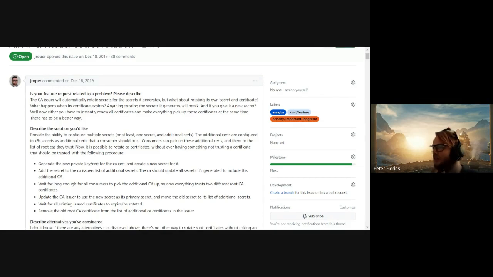So it might just be that the outcome of this is at least some sort of best practice tutorial or guide on, if you are using a CA issuer, what you need to manage rotation.